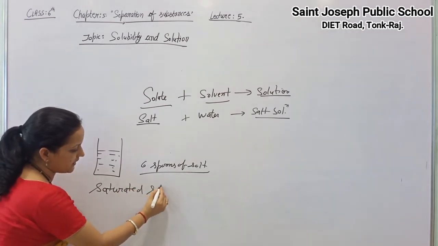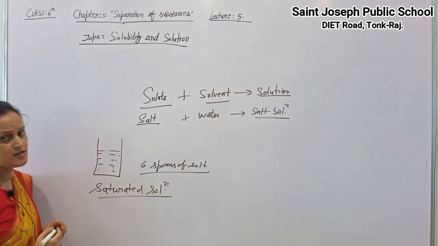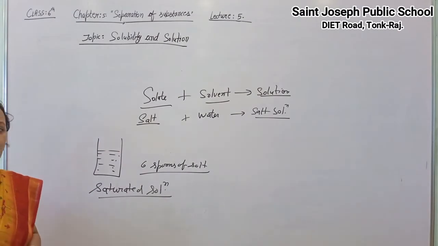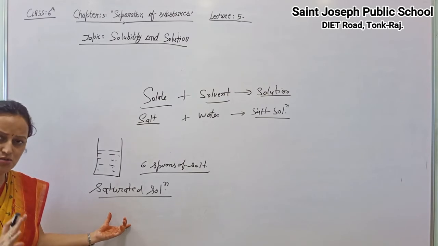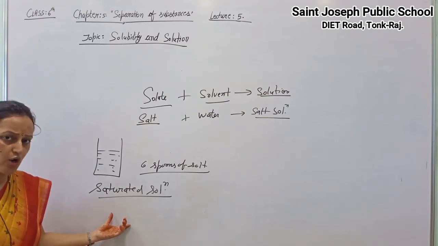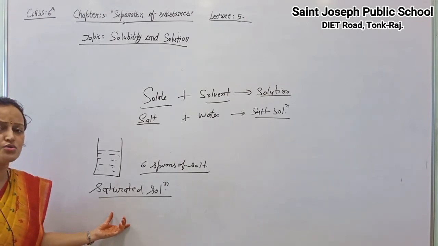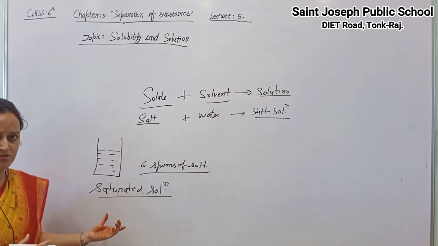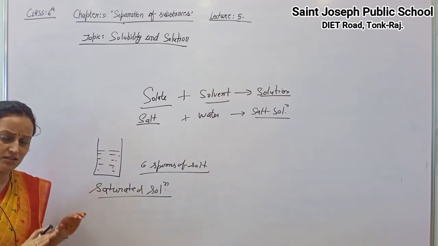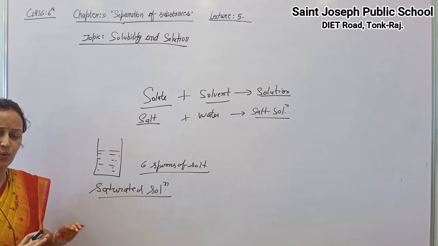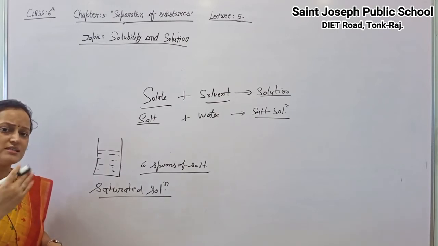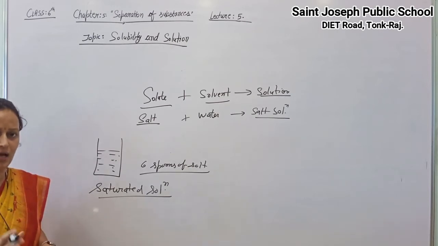Now इस solution को हम क्या कह देते हैं? Saturated solution. Now how you can define what the saturated solution is? Saturated solution is that solution which cannot dissolve more solute in it. जिसमें जितनी maximum capacity थी dissolve करने की solute को उतना उसने dissolve कर लिया, उससे ज़्यादा उसमें dissolve नहीं हो सकता.